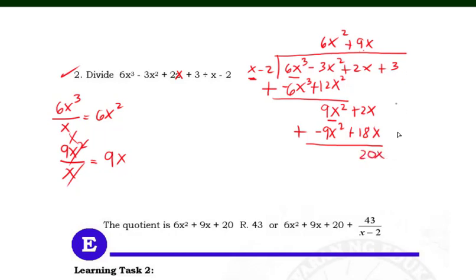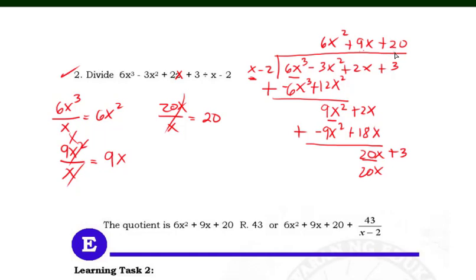X, bring down 3. Now, let's divide again 20x by x. So, what is 20x divided by x? So, the answer is 20. So, cancels x. So, we have now plus 20. So, we have 20 times x is 20x.